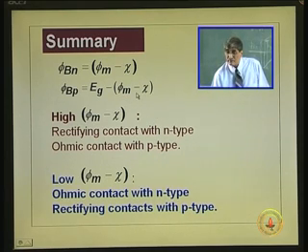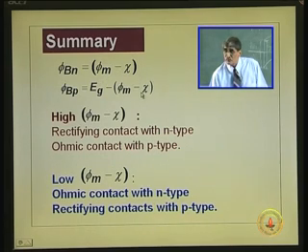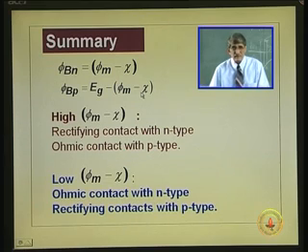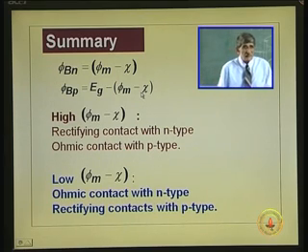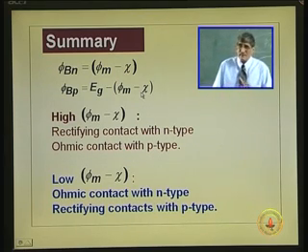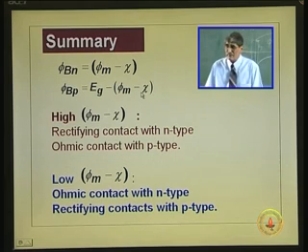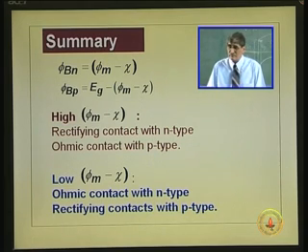If phi m minus chi is high, E g minus that is low, that is phi b p is low, that is ohmic. So, if phi m minus chi is large, that is rectifying n type, p type is ohmic. Reverse is true in the other case. So, people have generally said if phi m is larger than phi s, you get rectifying in n type and ohmic in p type, and the other condition is exactly opposite.